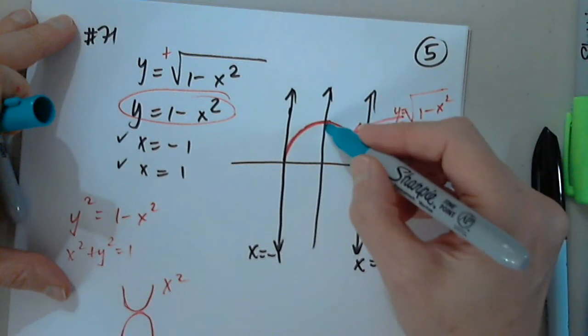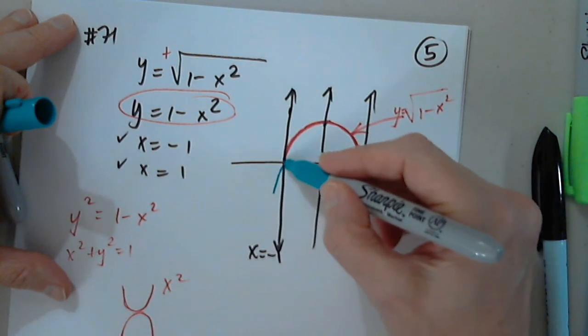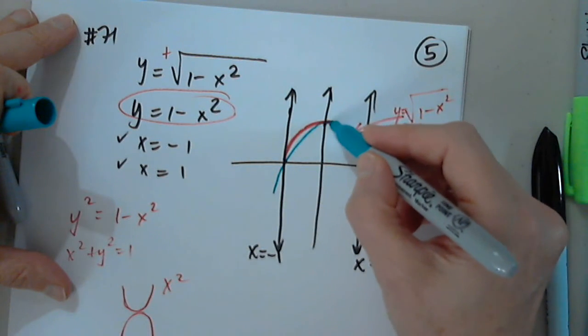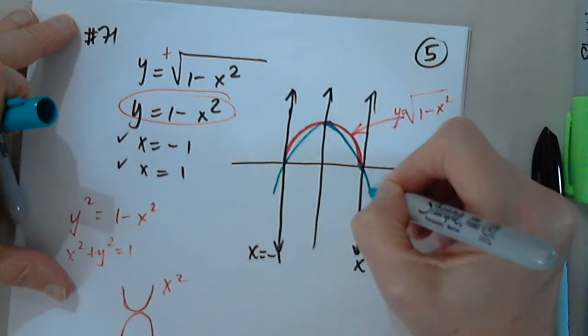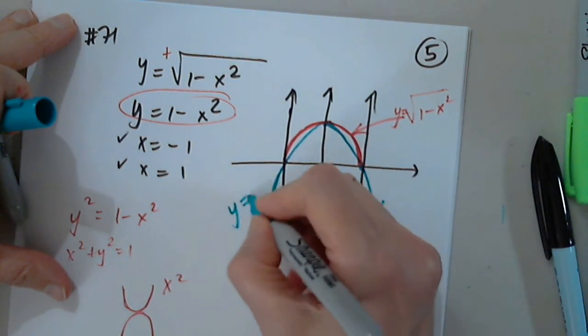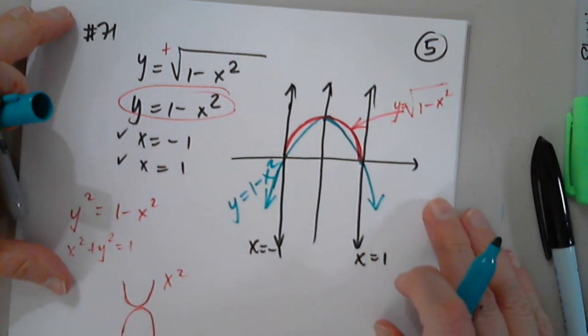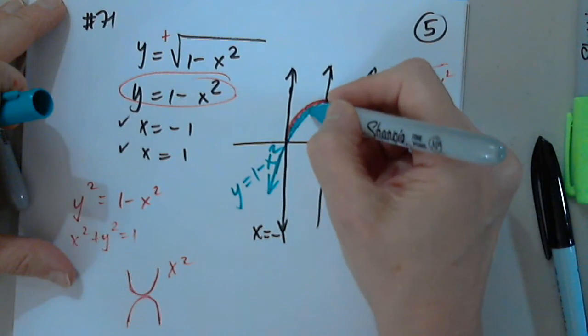So this cannot be a circle, this has to be a parabola. And this is y equals 1 plus x squared. Right, excellent.